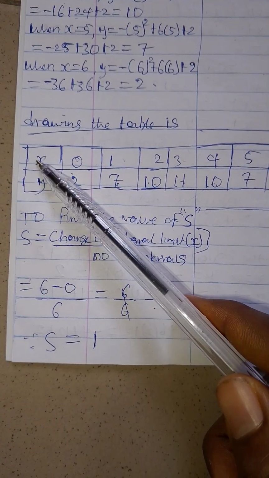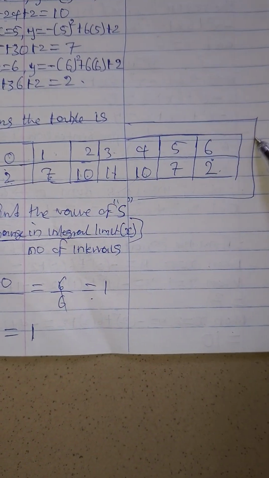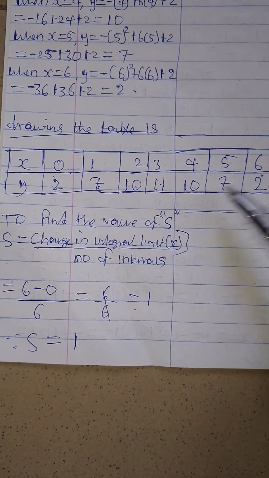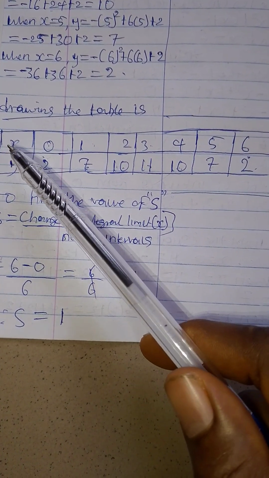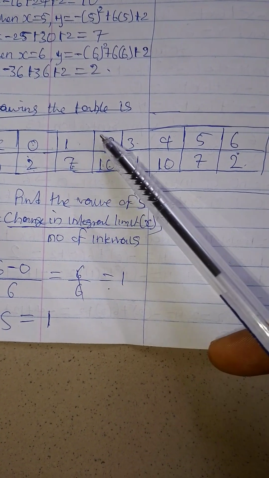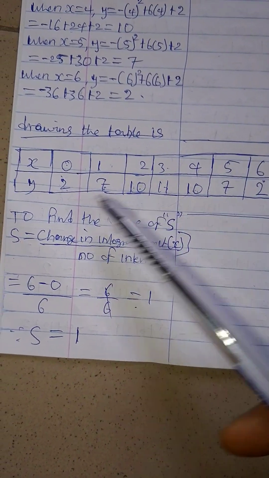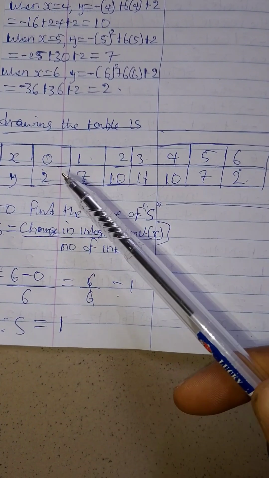Now, drawing the table, we have x and y. The x values range from 0 to 6: 0, 1, 2, 3, 4, 5, 6. Now what are the values of y?